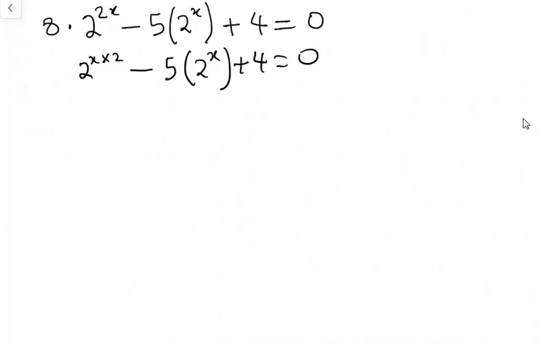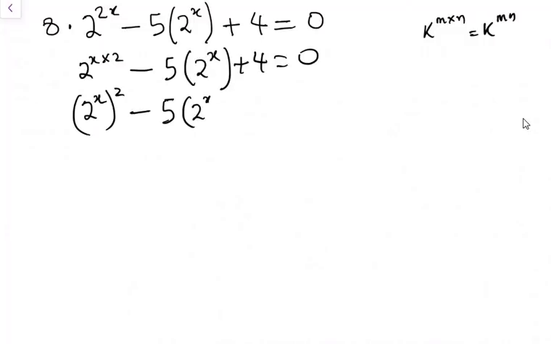So we'll break it down applying the law of k raised to the power m times n equals k to the power mn, and that is what we are doing here. So we'll separate by saying 2 raised to the power x and 2. You can see we form a pattern now that really matches this middle number, plus 4 equals 0.